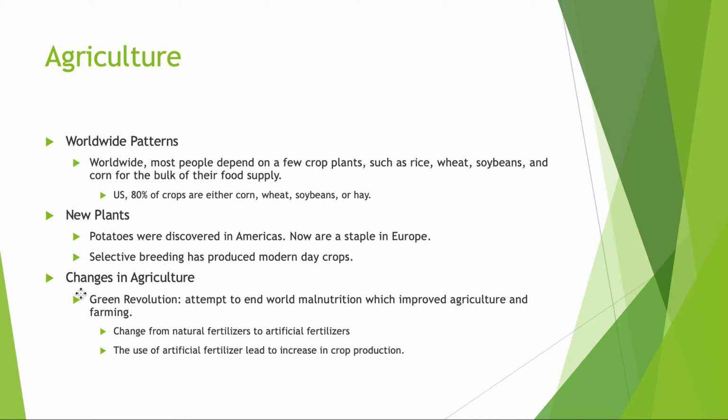This here I want to talk about is the Green Revolution. This idea of pushing to a capacity to end world malnutrition. So what they did is mainly they started using artificial fertilizers, and it's interesting to think here because this happened in the 1950s to 1970s area of the timeline, and what they did is they pushed towards an artificial fertilizer, that being a high composition of potassium, nitrogen, and phosphorus.